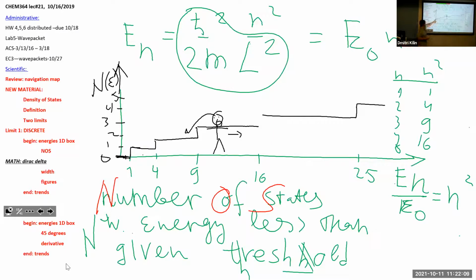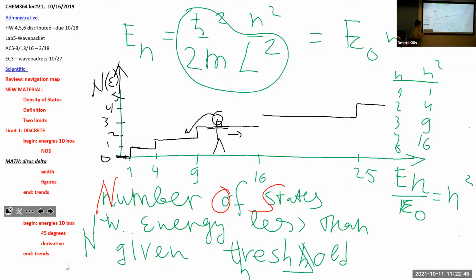When he starts from 0, there is nothing behind him. When he passes the number 1, there is 1 state behind him. Then we go n squared, the next number is 4, not changing. Then when he passes the figure 4, it increases by 1. When he passes 9, it increases by 1 again. When he reaches 16, it increases by 1 again, then reaches 25. And then it's like stairs with unequal size.